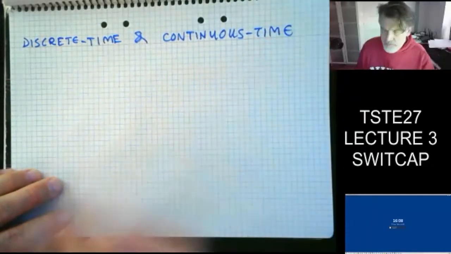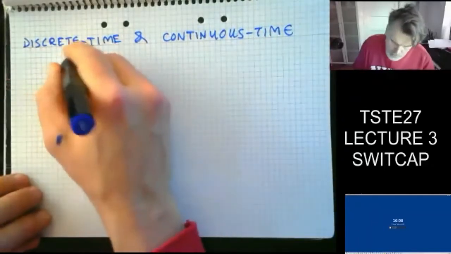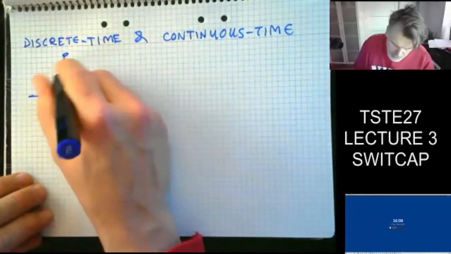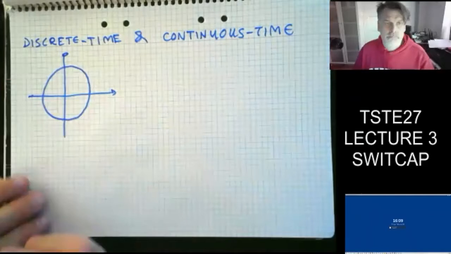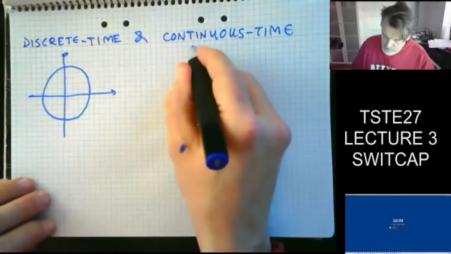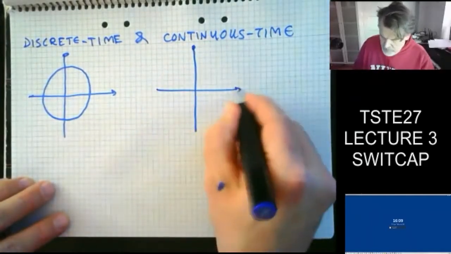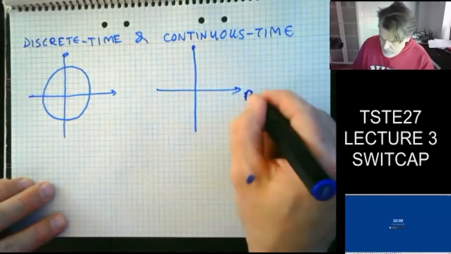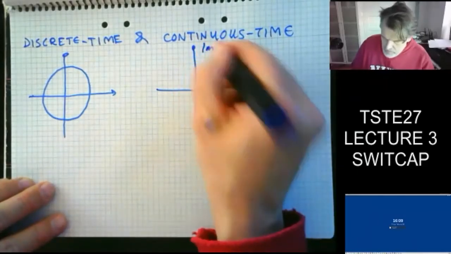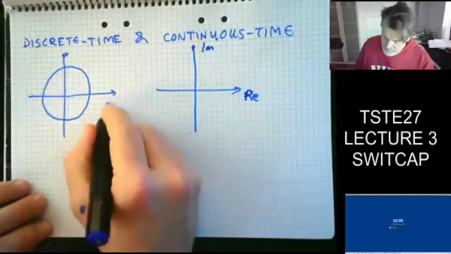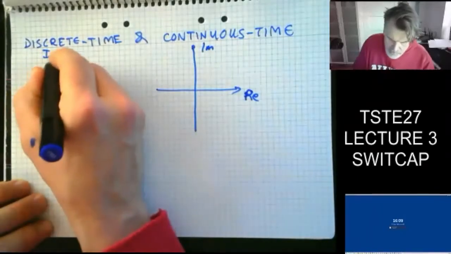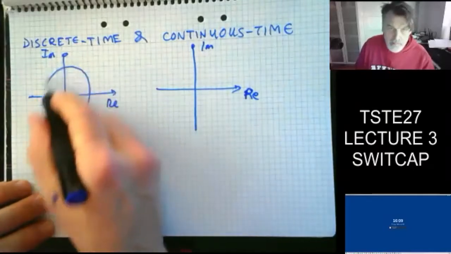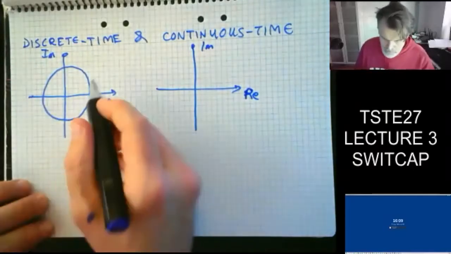It's not super obvious, perhaps, but in the discrete time world, we have a unit circle like this. And in the continuous time, we have an imaginary plane like this, where we care about the y-axis, the imaginary axis, and in the discrete time world, we care about the unit circle.